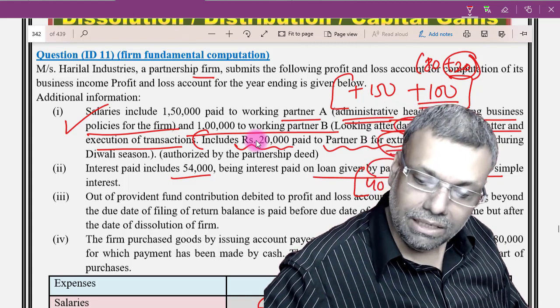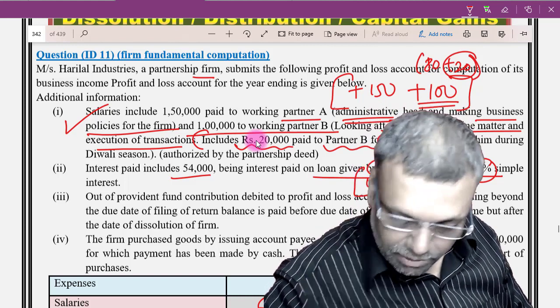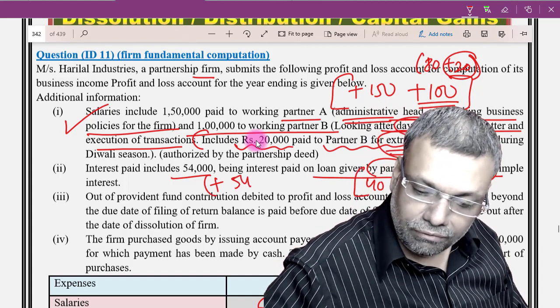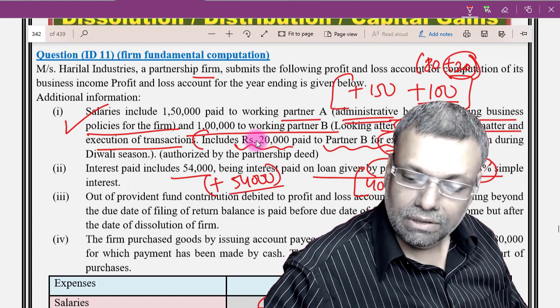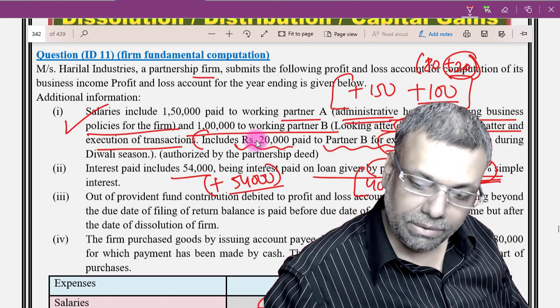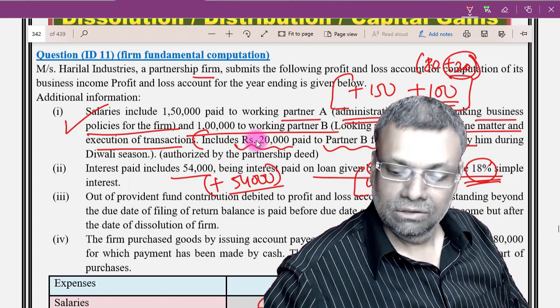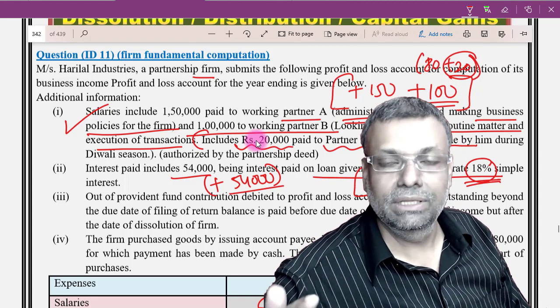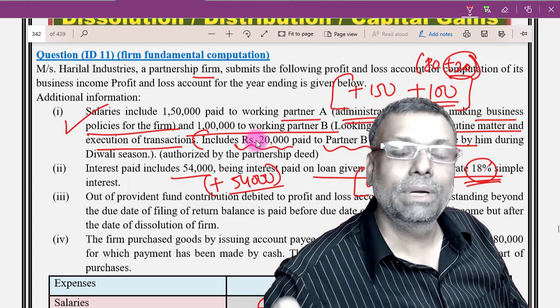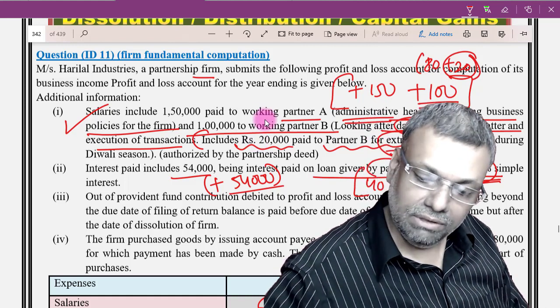That means the limit of 40B, this is 18%. So, the 12% limit of 40B will be applicable. So, first of all, I will add the full 54,000 and thereafter within the limits of section 40B I will give the reduction. Now whether in this particular question authorization by the partnership deed is given or not, you have to assume it is authorized, because authorization through the partnership deed is one of the theory conditions of section 40B that should always be complied with.